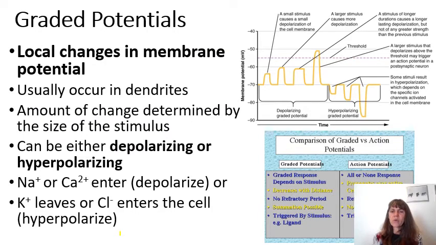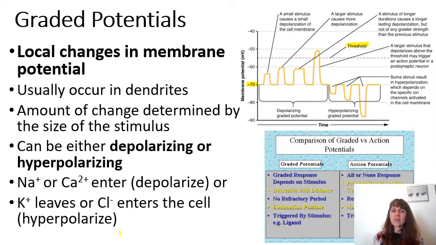We know that in order for an action potential to occur, the voltage on the membrane of a neuron has to be taken from negative 70 millivolts to its threshold value at negative 55 millivolts.